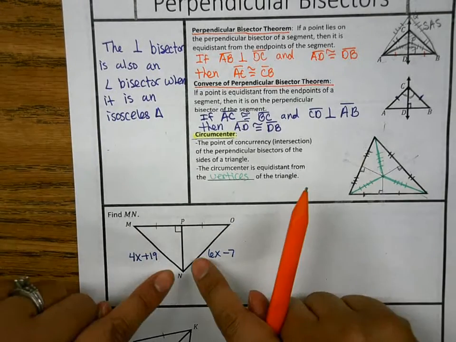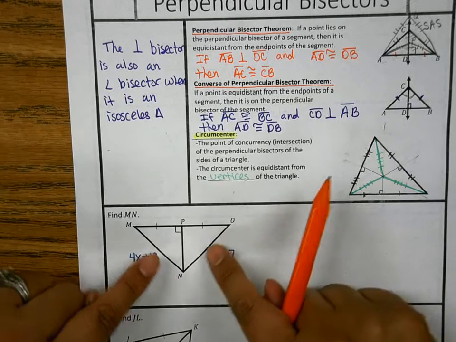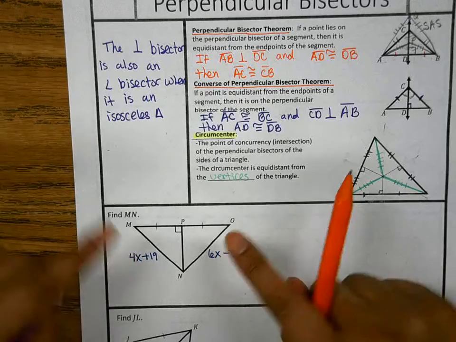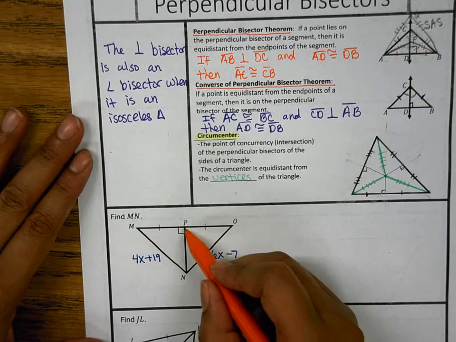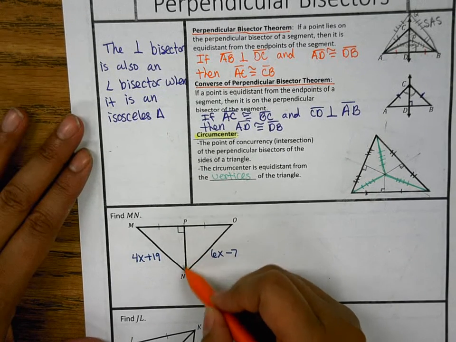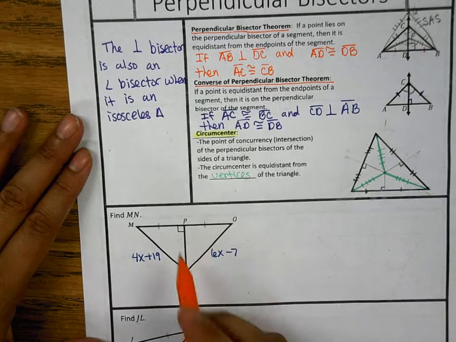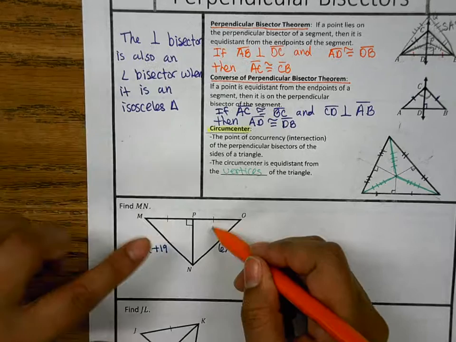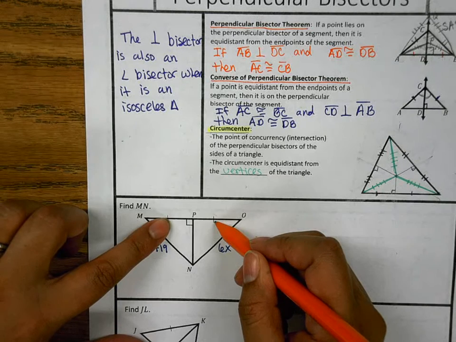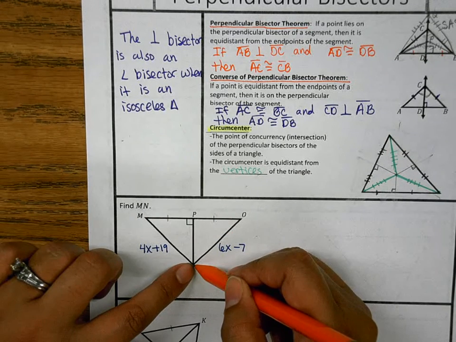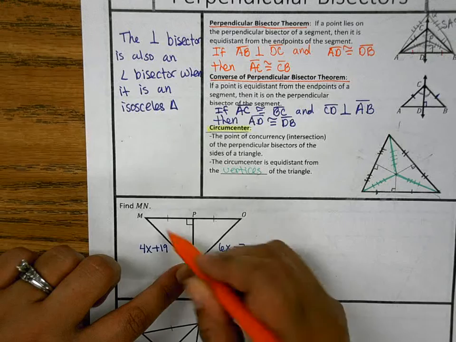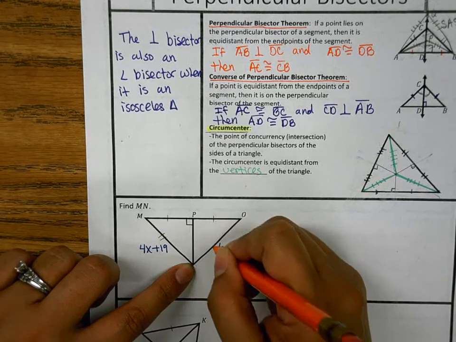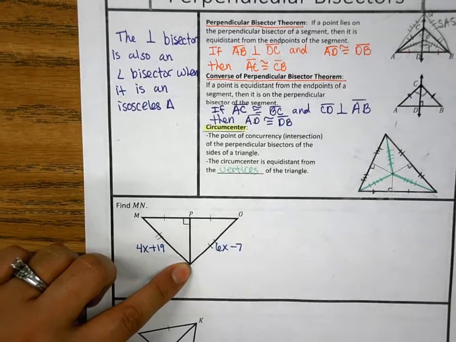Okay, so look at the image that's given to us. Nowhere did it say anything about these legs being congruent, so I cannot just say, oh, set them equal, because there's no markings there. Can you see that? No markings whatsoever. But can you see that PN is the perpendicular bisector of MO? Which means any point on the perpendicular bisector is equidistant to the endpoints.